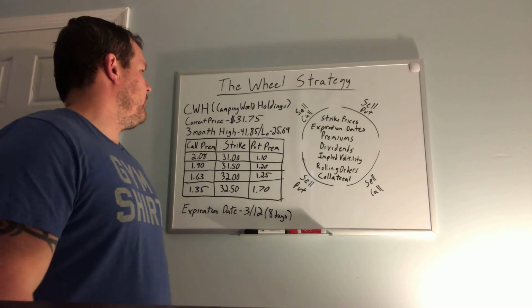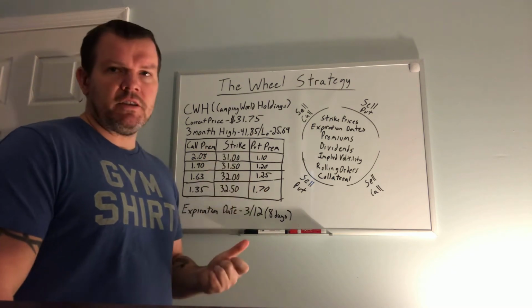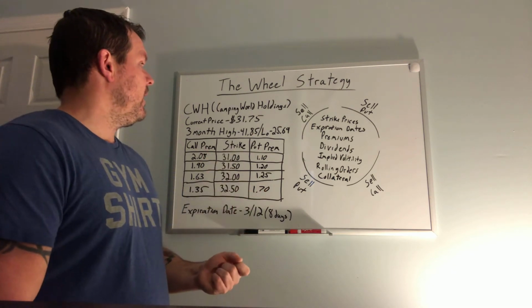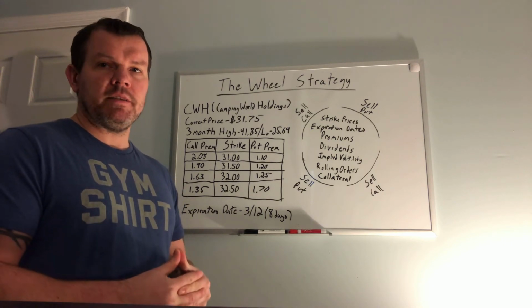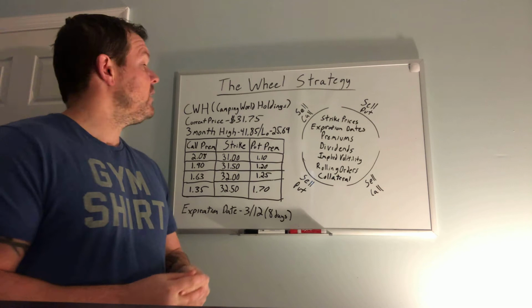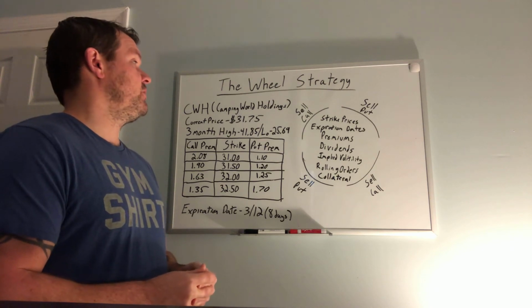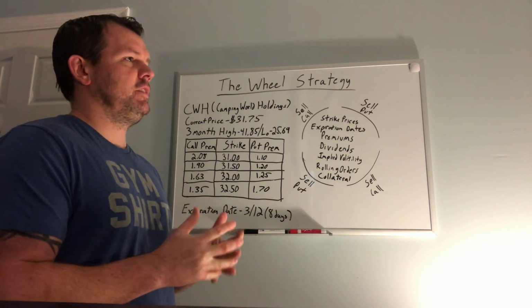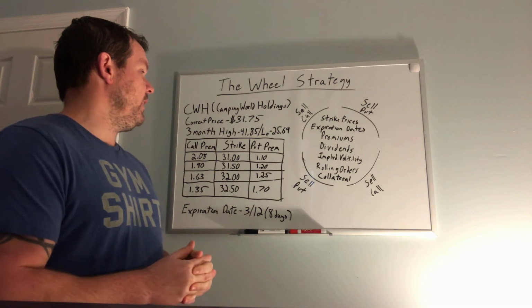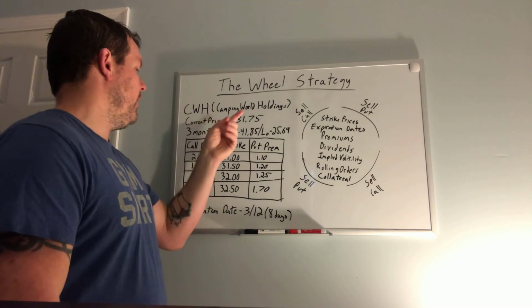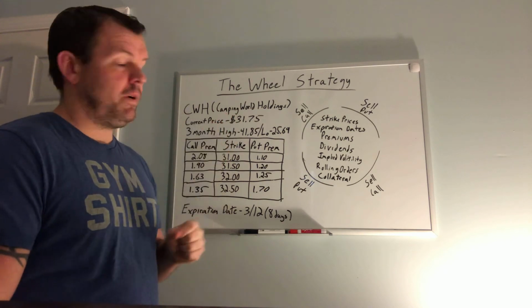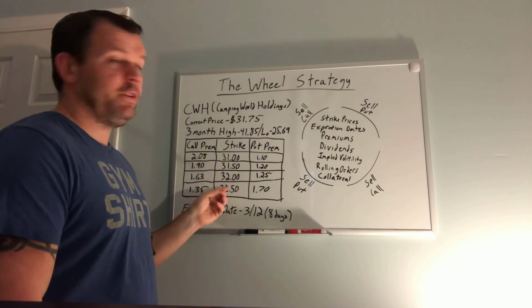So if the current stock price is $31.75, and I want to start the wheel strategy, I want to sell a put, what do I do? Well, for starters, there's two choices here, really. You can be really brave, and you can say, I love this stock so much, I think it's worth $32.50.